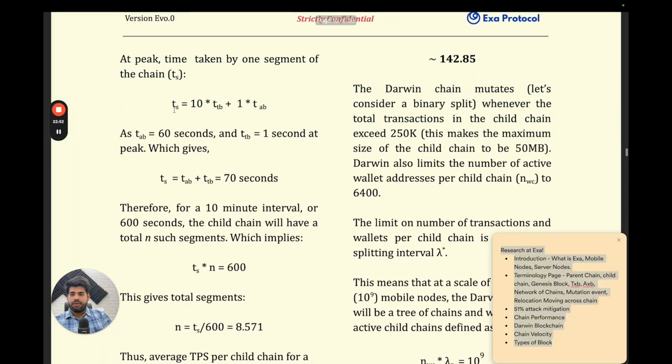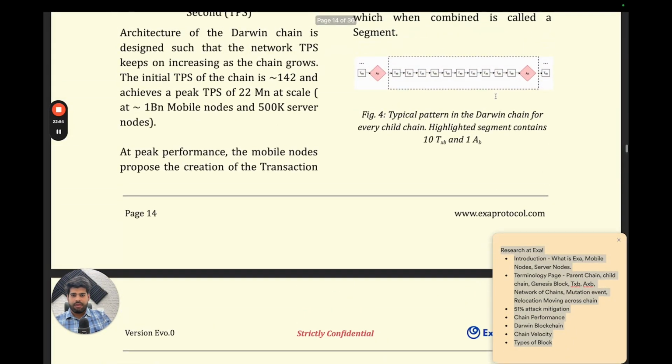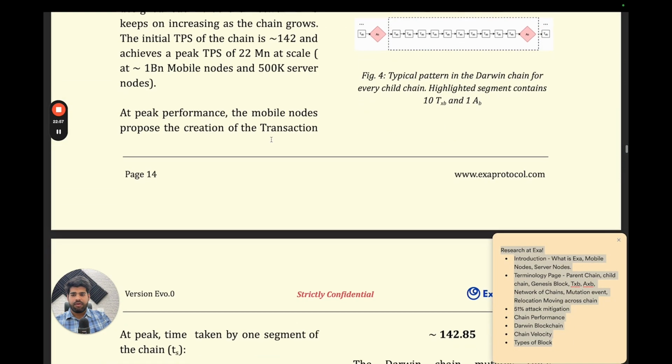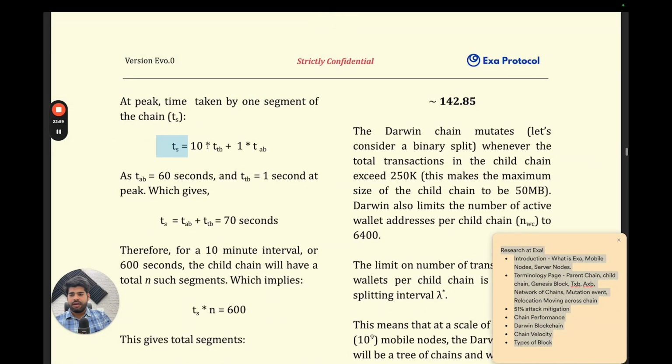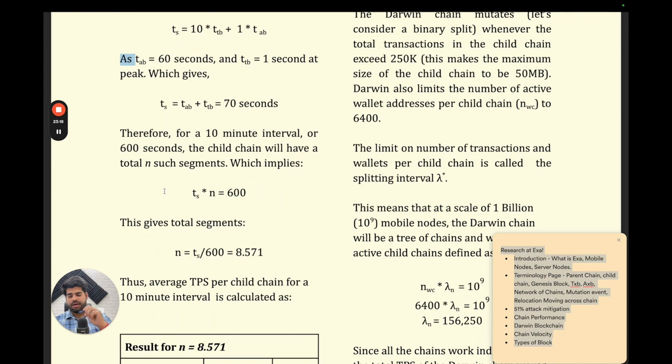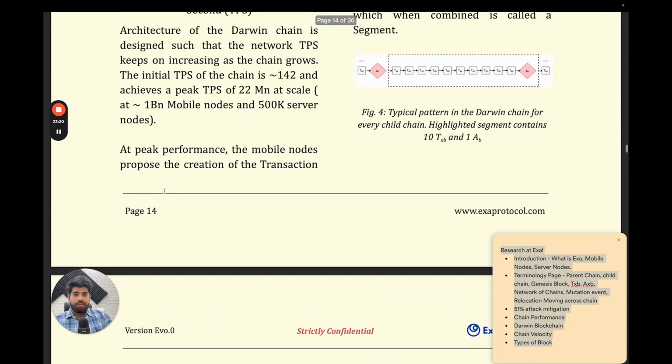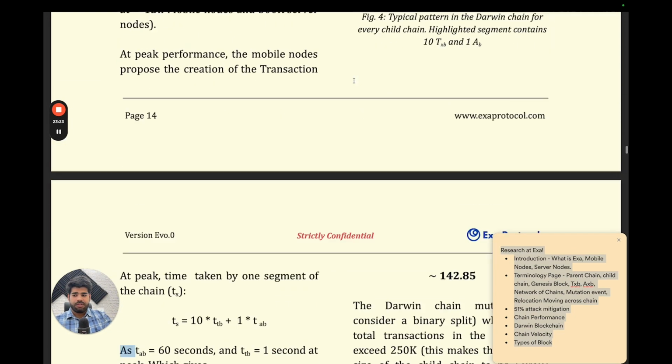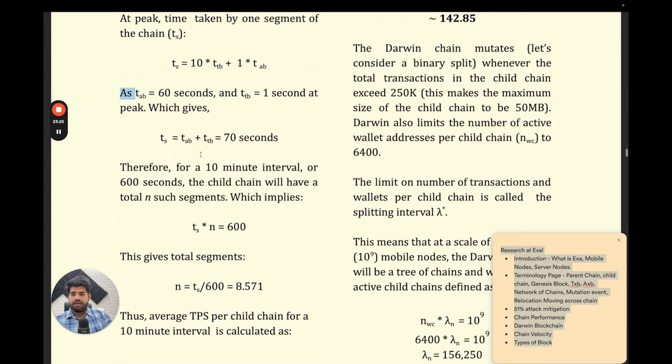So we can say the total time taken by this pattern of 10 transaction blocks and one audit block at peak is basically 10 times the transaction block time plus 1 times the audit block time. Since we know that the audit block time is 60 seconds and the transaction block time is 1 second, the time to create this segment of the chain is around 70 seconds.